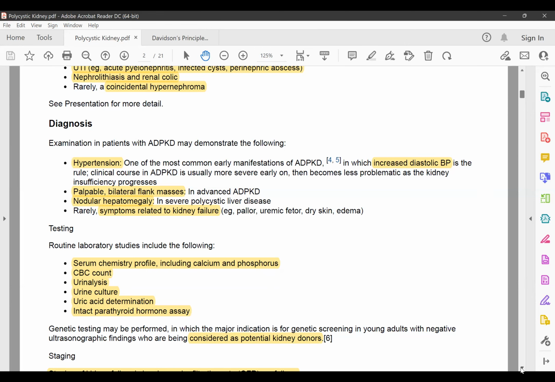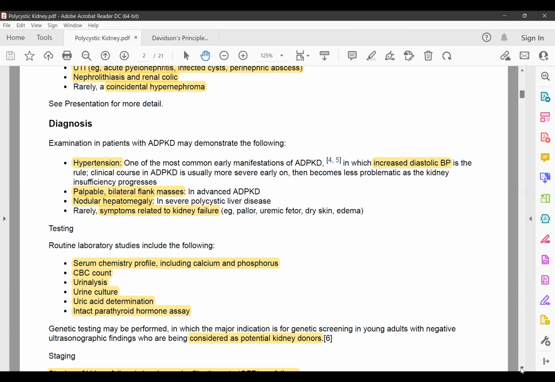If this Ca into P product exceeds 50, it is suggestive of chronic renal failure. You understand? Calcium multiplied by the phosphate should not be more than 50. This is to diagnose renal failure, not polycystic kidney.